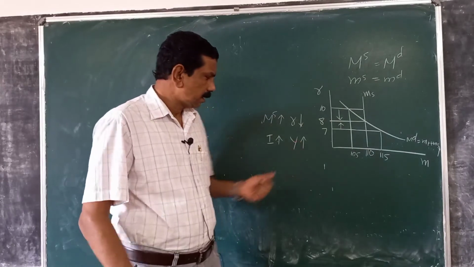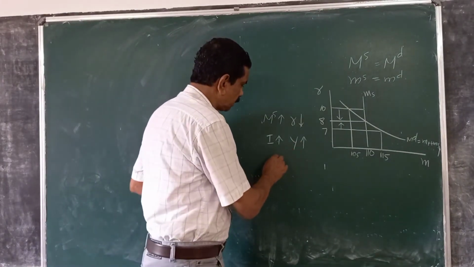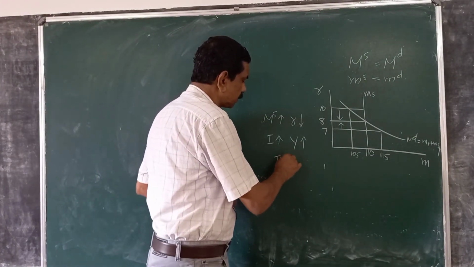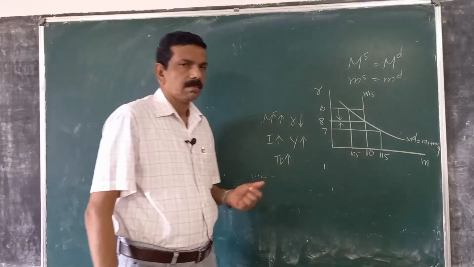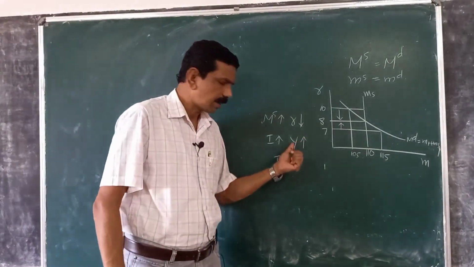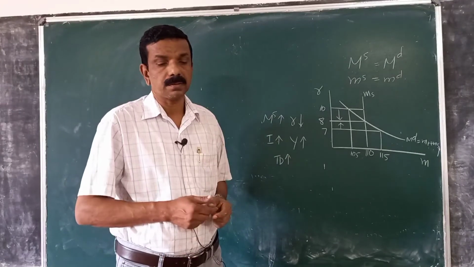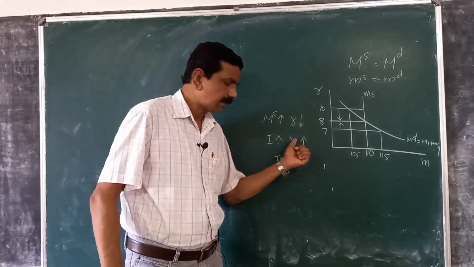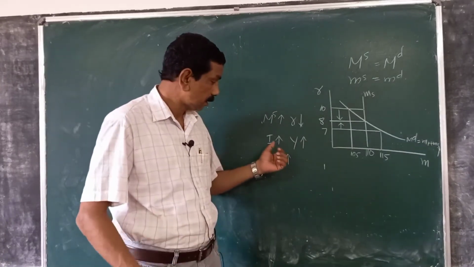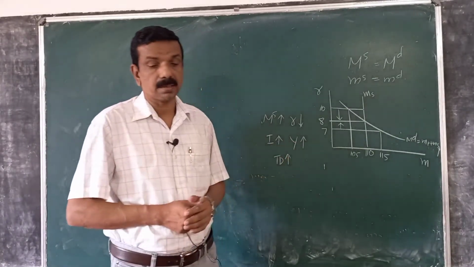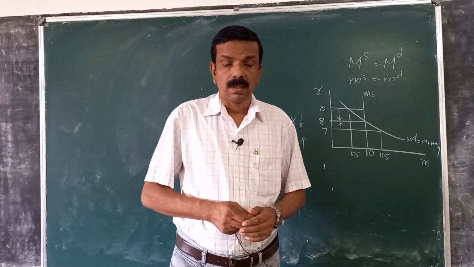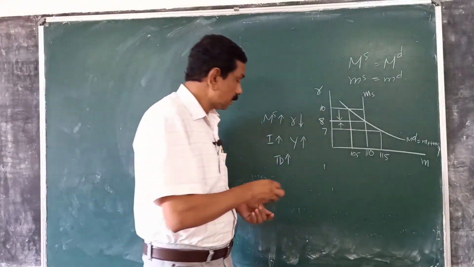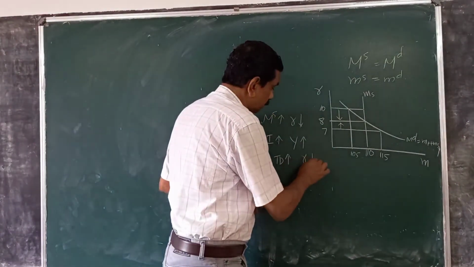And when income increases, transaction demand for money increases, because transaction demand for money is proportionately related to the level of income.